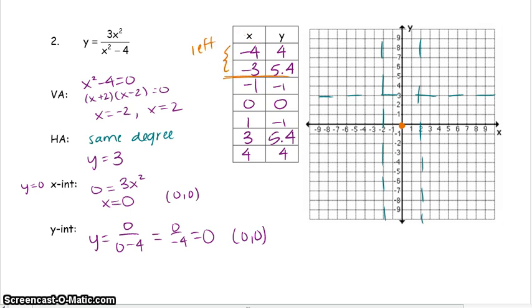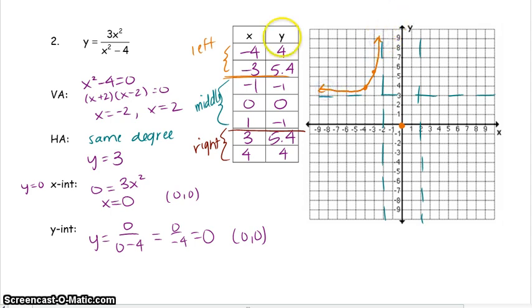And just to note, all of this up to this point is the left part of our graph. From here to here, this is our middle. And from here to here, that's the right section of the graph. So just so you have this organized, I'm going to color code it for you. I'm plotting -4, 4, and -3, 5.4. That gives me this portion of my graph here.